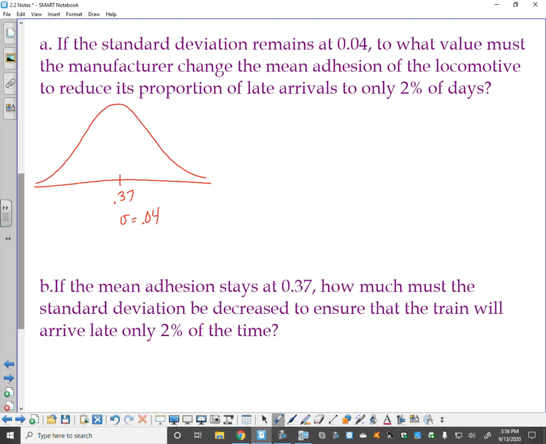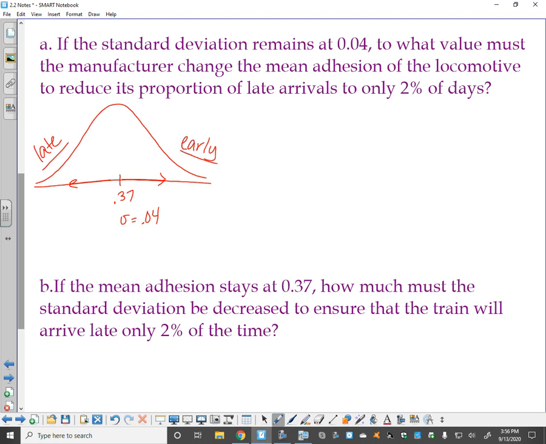As the adhesion force gets lower down here, then it's not pulling as hard, which means it's going to be slower, which means we are going to be late. If the adhesion force gets stronger, then it's going to be pulling the locomotive faster, and that means we are going to be early. I don't want to be either. I want to be on time. But I just wanted to make sure you understood the train part of this.